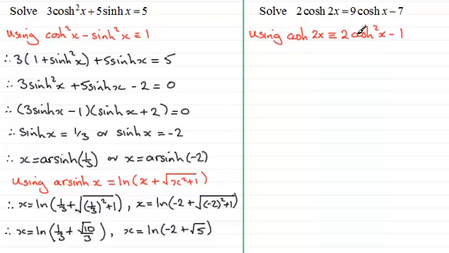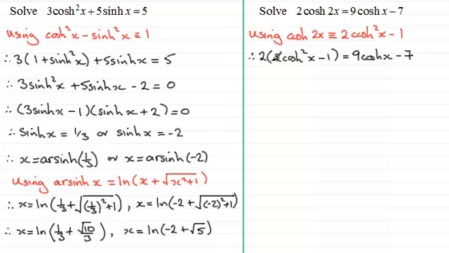And if I substitute 2 cosh squared x minus 1 in place of this first term here, we're therefore going to have 2 multiplied by 2 cosh squared x minus 1, and then that's going to be equal to 9 cosh x minus 7.